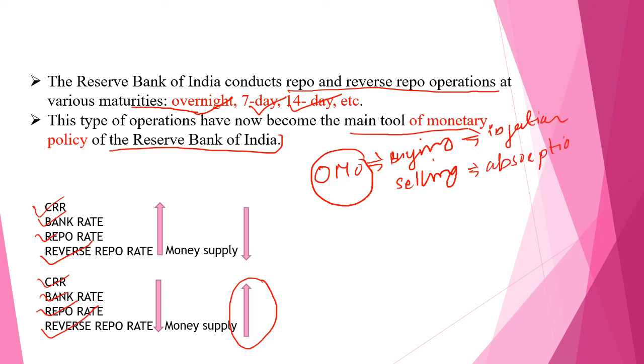These are the important points. Okay, buying and selling. And next is repo and reverse repo rate operations. Okay, these are the important points in open market operations.